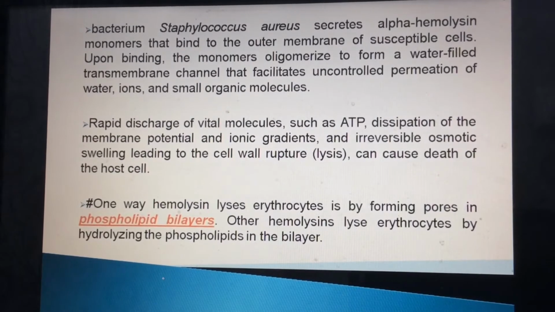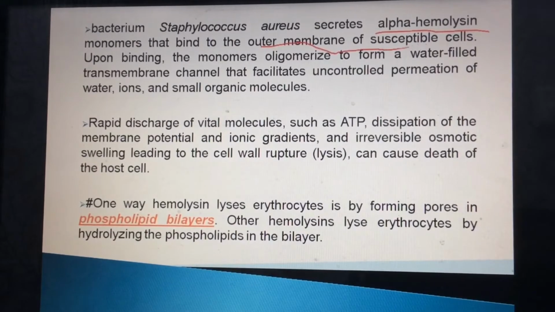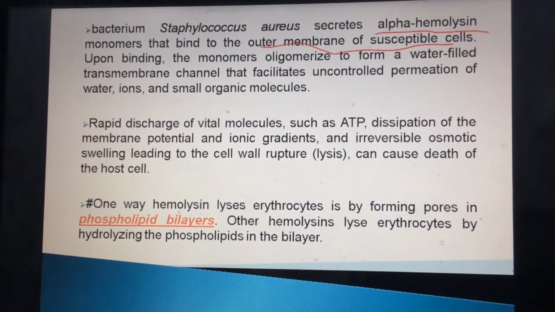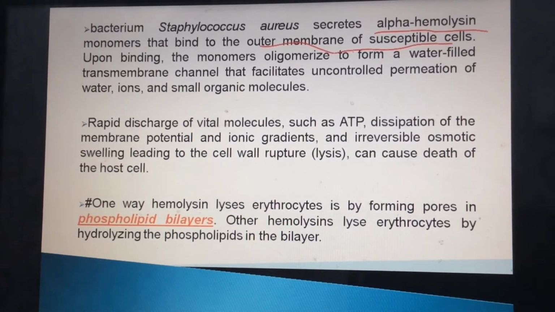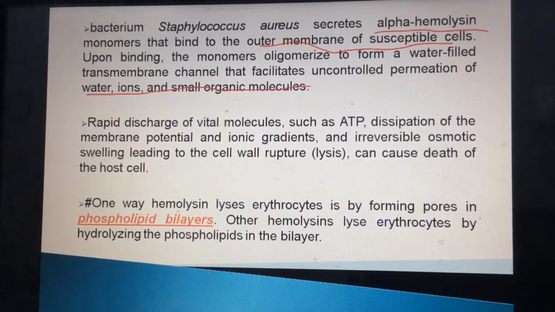Another point about alpha hemolysin: for example, the bacterium Staphylococcus aureus secretes alpha hemolysin. The monomers attack the outer membrane of the RBC, and if a large number of these alpha hemolysin molecules come together, they form pores and the cell membrane of the RBC becomes permeable. All the chemicals inside come out, including water molecules, ions and some organic molecules, which the bacteria use for their growth.